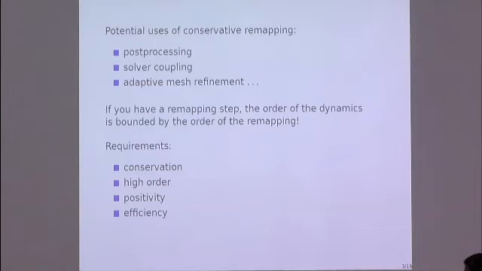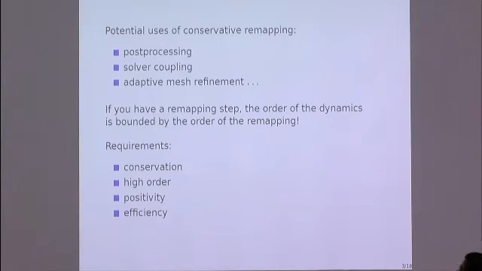So conservative remapping, we often take the remapping step for granted, but it has quite some potential uses. For example, the most basic one maybe is post-processing: you produce a result on one mesh and you want to visualize it on another mesh. Then you have everything that is related to coupling: you solve an equation on one mesh, and you solve a second equation on another mesh, and you've got to switch from one description to the other.